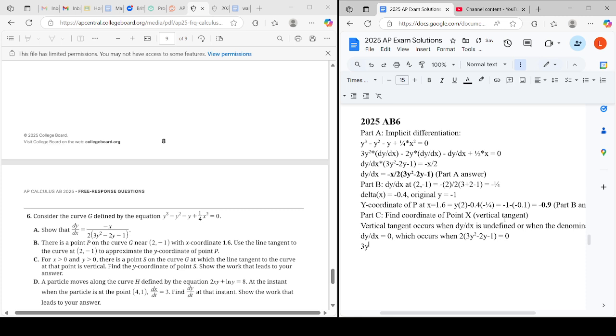So 3y squared minus 2y minus 1 equals 3y plus 1 times y minus 1. And we know that y must be greater than 0, so we can eliminate this whole term because its solution is a negative value. So we can pick y equals 1 so that y minus 1 equals 0.